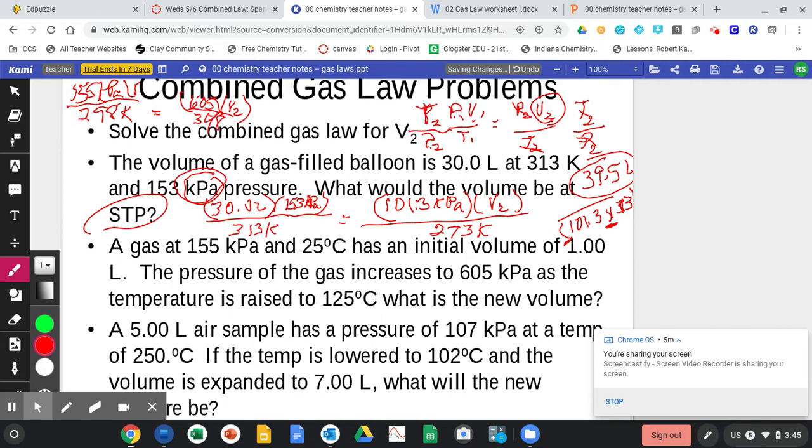So on my calculator, again, I'm going to be very careful how I do that. I'm going to take 155 times 1 times 398 divided by parentheses 298 times 605 in my parentheses equals, and I get 0.342 liters.